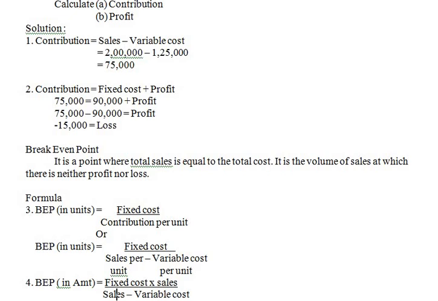Depending on what information is given in the problem, there are different formulas to find out break-even point. I have continued the series of formulas: the first two we have given for contribution and this is the third formula, on BEP. BEP in units we are going to see first, that is fixed cost divided by contribution per unit, or BEP in units is equal to fixed cost divided by sales per unit minus variable cost per unit.